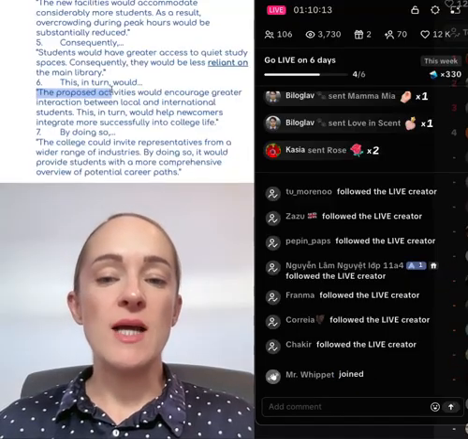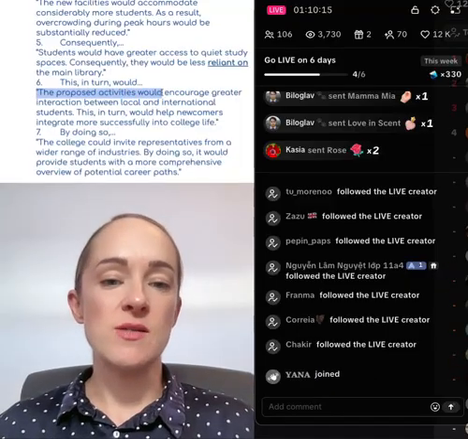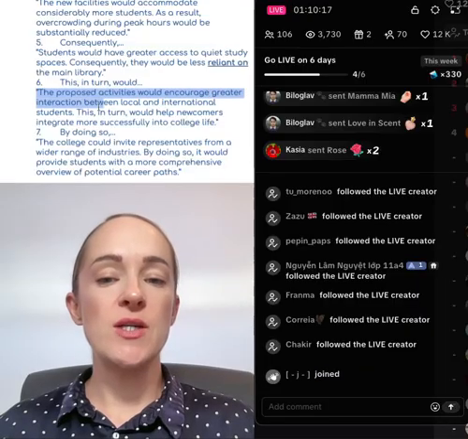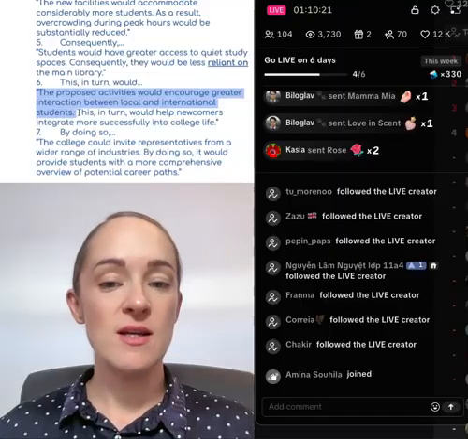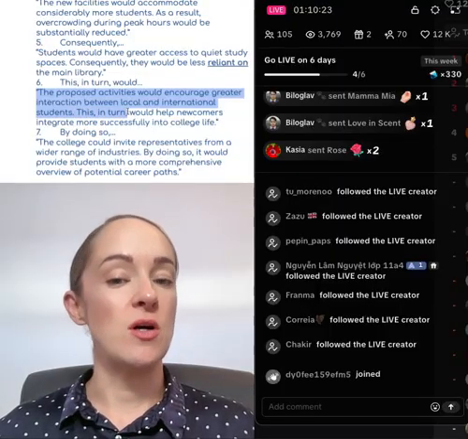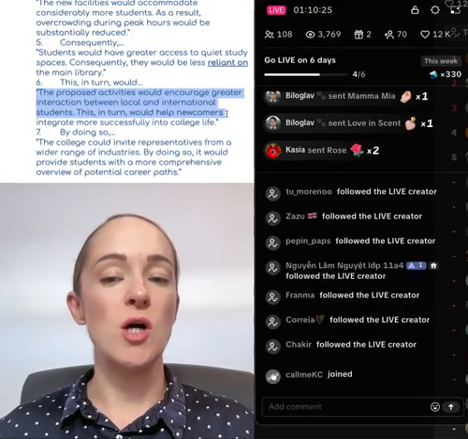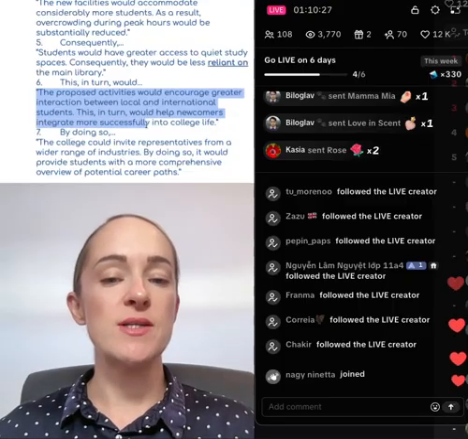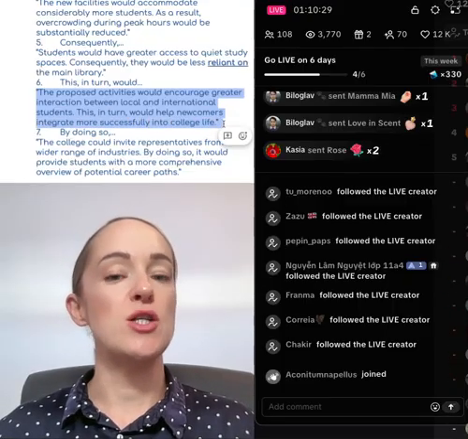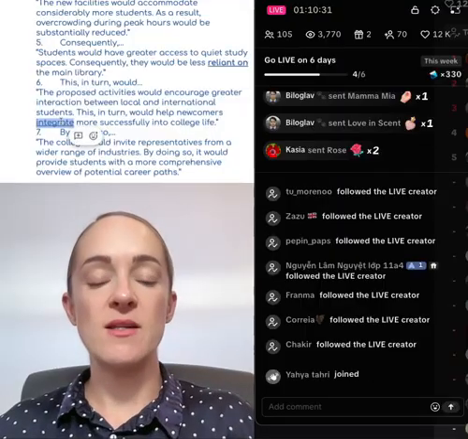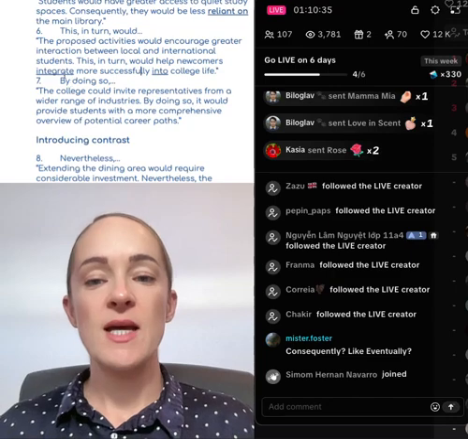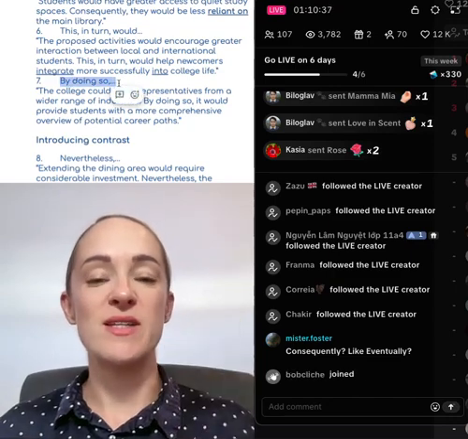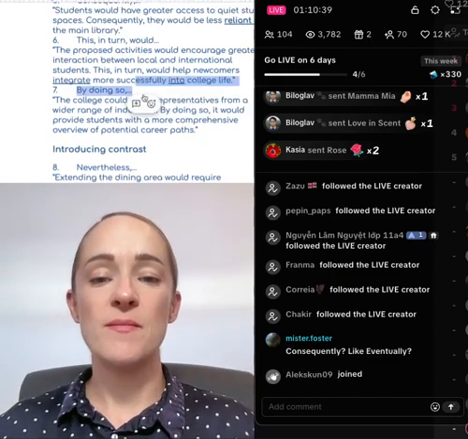This in turn would. The proposed activities would encourage greater interaction between local and international students. This, in turn, would help newcomers integrate more successfully into college life. So it's, again, nice phrasal verb here, integrate into. By doing so, love this. This is probably C2.